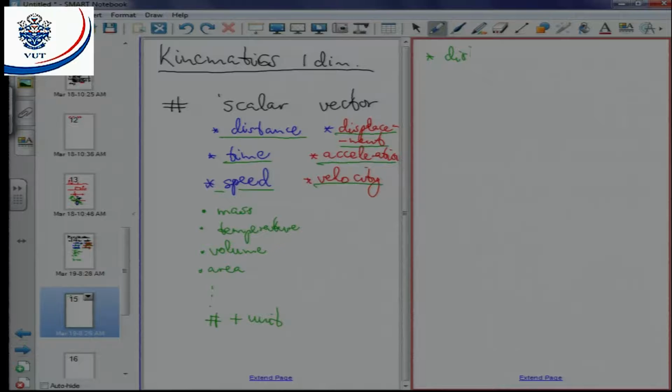So distance, there are different symbols that we use for distance. So for example, when we speak of gravitational problems where a body is falling or is being thrown up, we normally speak of a height and we use h. So in this case we use height.